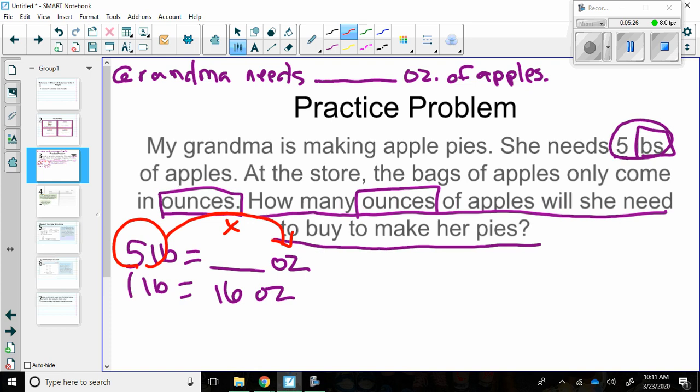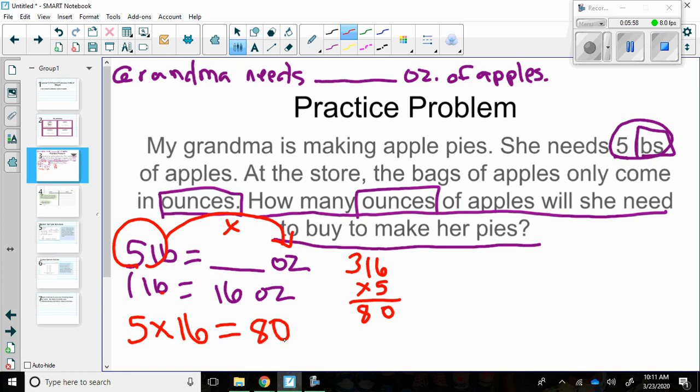So if I have 5 pounds, I want to multiply that by 16 ounces, because 1 pound equals 16 ounces, and I have 5 of those. So I'm going to solve 16 times 5. 6 times 5 is 30. 1 times 5 is 5, plus 3 is 8.